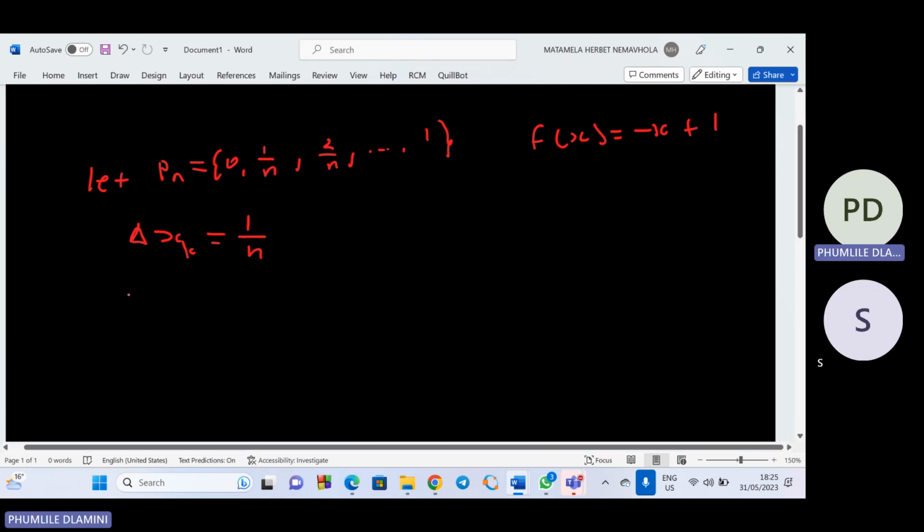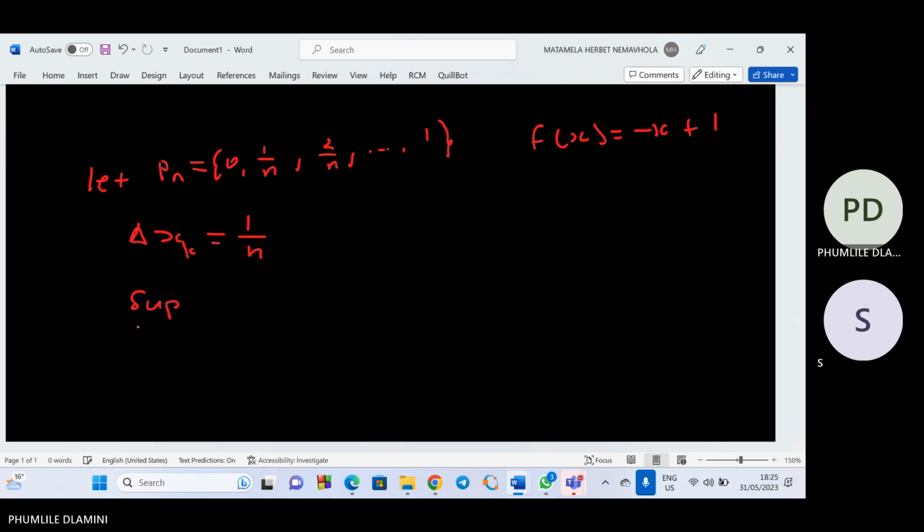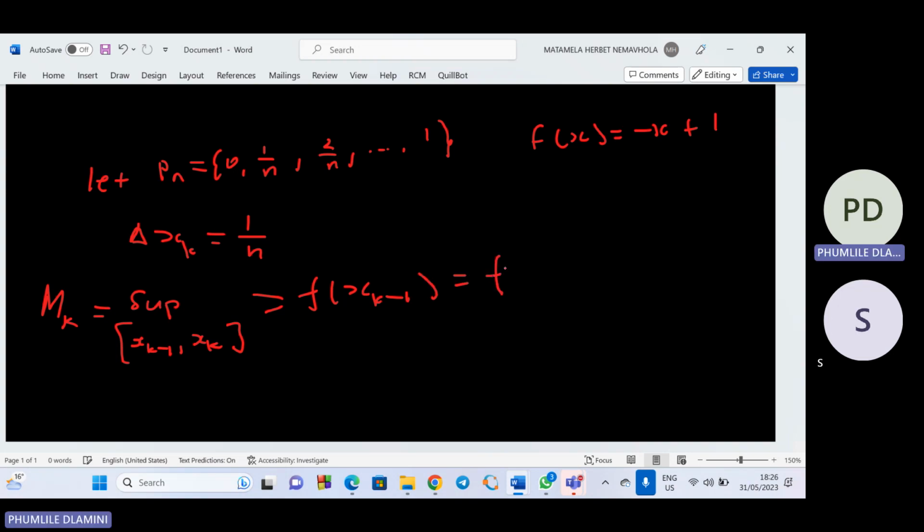Therefore, the supremum of this function, which is this one, Mk, on xk minus 1 to xk, is equal to f of xk minus 1, which is f of k minus 1 over n.